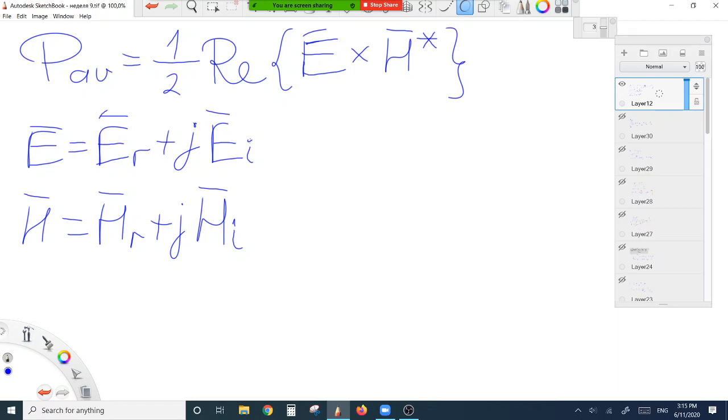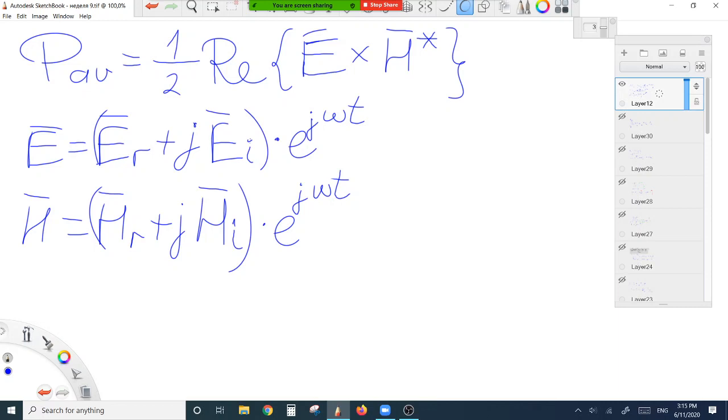Of course, we need to write them in phasor form, and we need to add e to the power of j omega t.